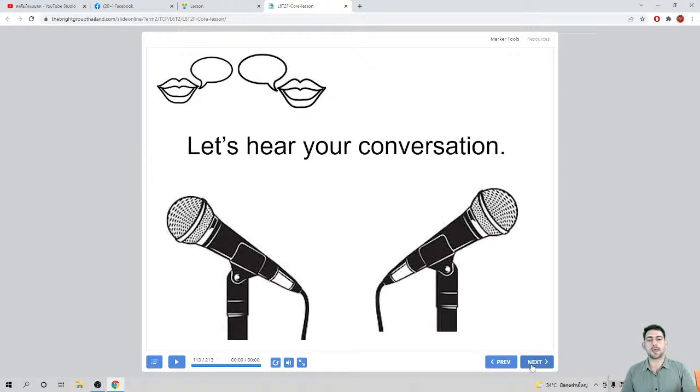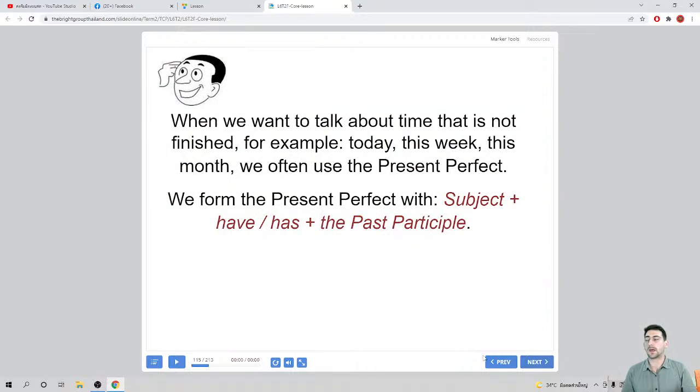And now we are going to explain in a little more detail the present perfect simple. When we want to talk about time that is not finished, for example, today, this week, this month, we often use the present perfect.